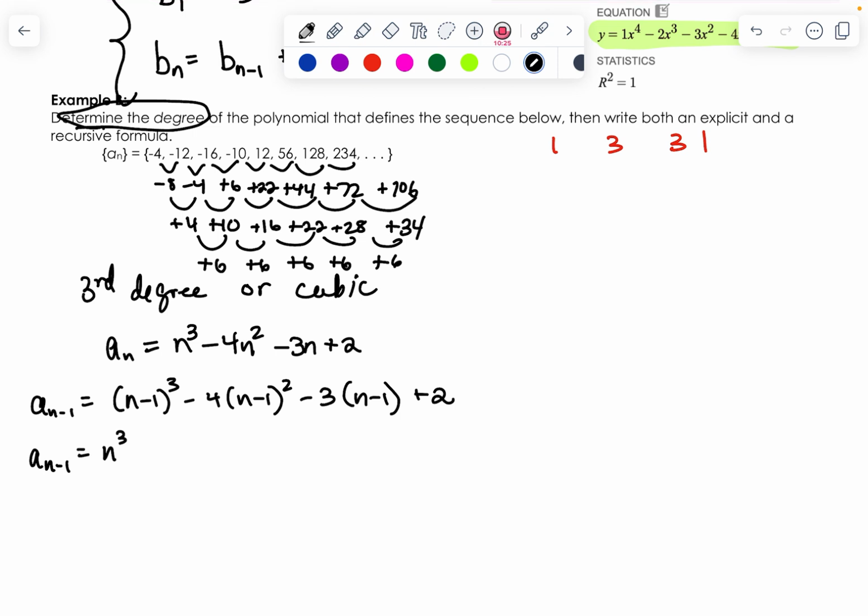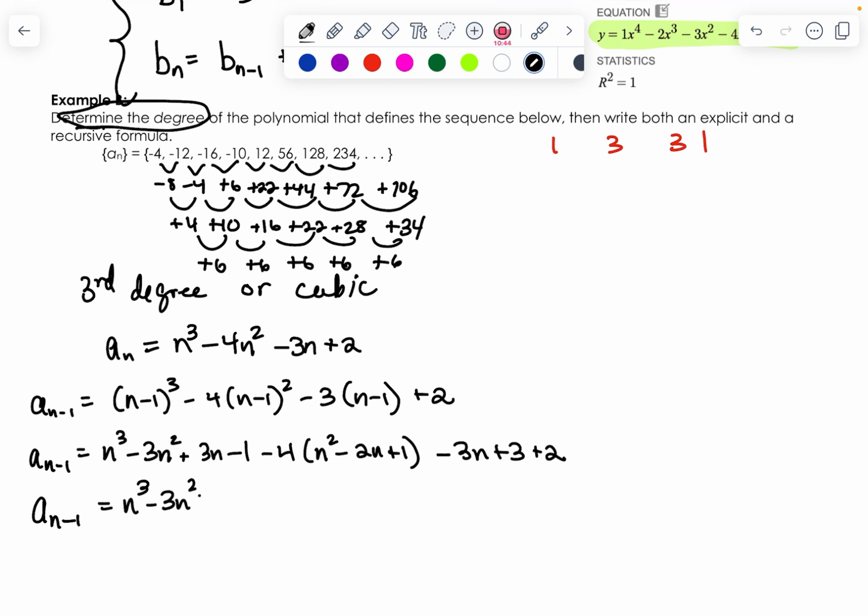So that's n cubed minus 3n squared plus 3n minus 1. When you have a minus in the binomial, that is going to alternate your signs. So be careful with that. Remember, you are not trying to combine your like terms.